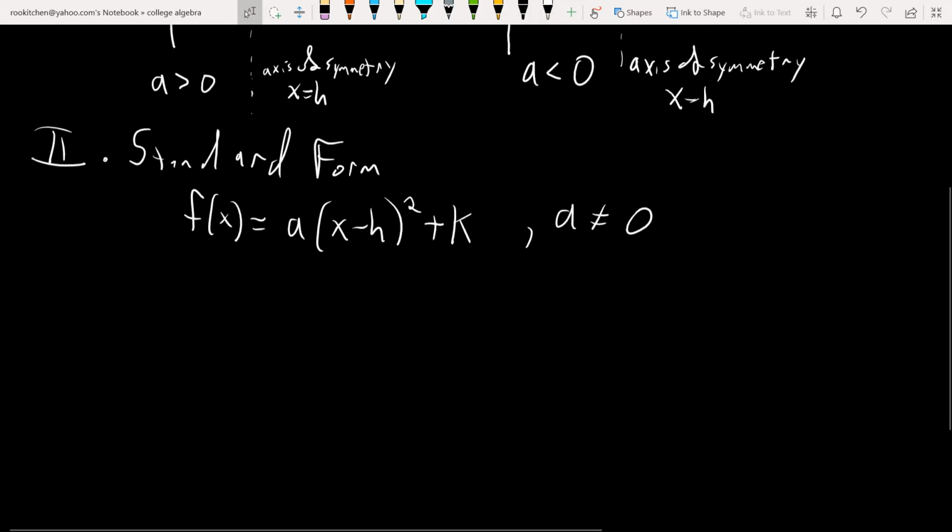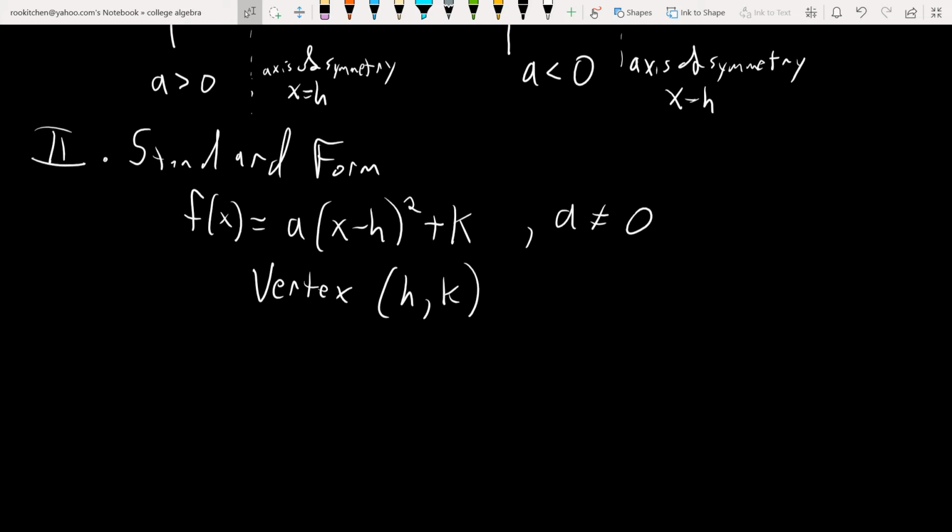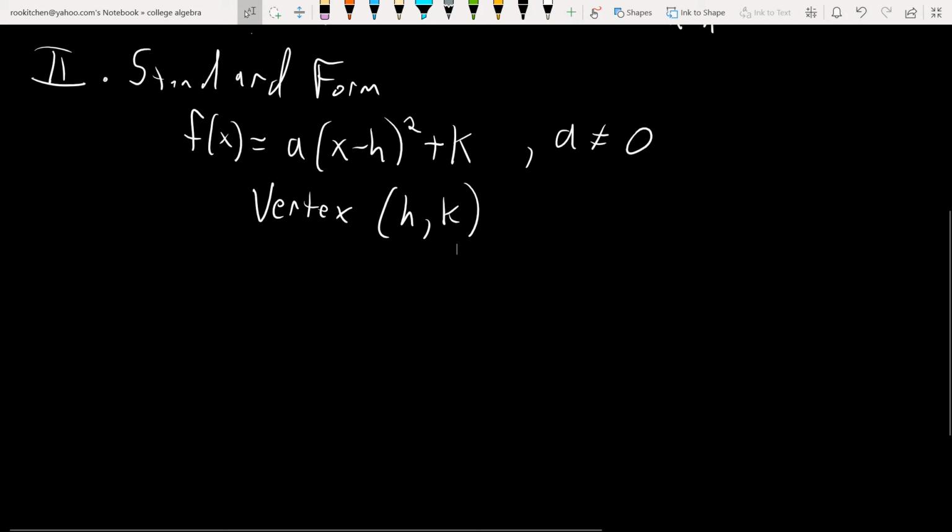The vertex is the coordinate h comma k. You just take the opposite sign of the thing inside, this x minus h, or you could think in terms of shifts. If it's minus h, it's shifting over to the right. A plus k on the outside makes it go up. You can think of it that way too, but most people don't.